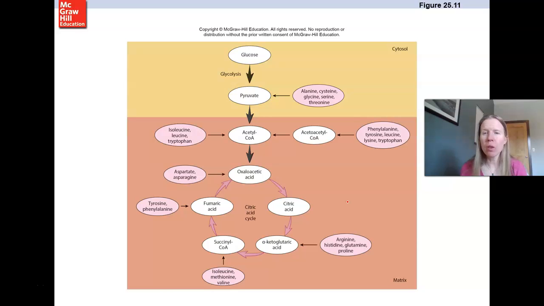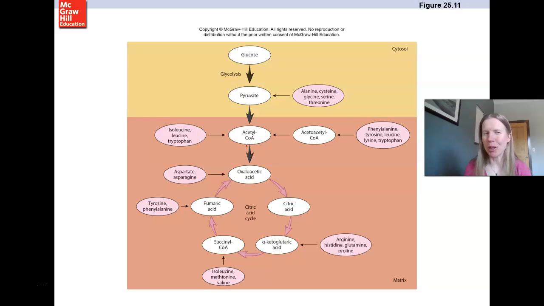Okay, so then this picture is looking at, remember you have 20 different amino acids. What they're showing you here, and you don't have to memorize this, but what I do want you to realize is that amino acids actually get plugged into cellular respiration in lots of different places. It really just depends on the structure of that amino acid, right? Some, once you rip the nitrogen group off, once you do deamination, look like pyruvate, and you go from there.